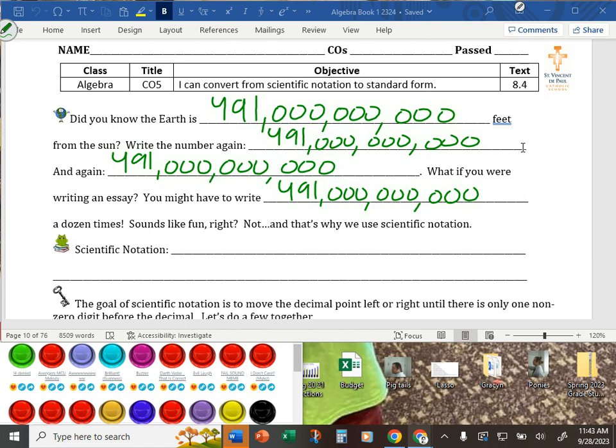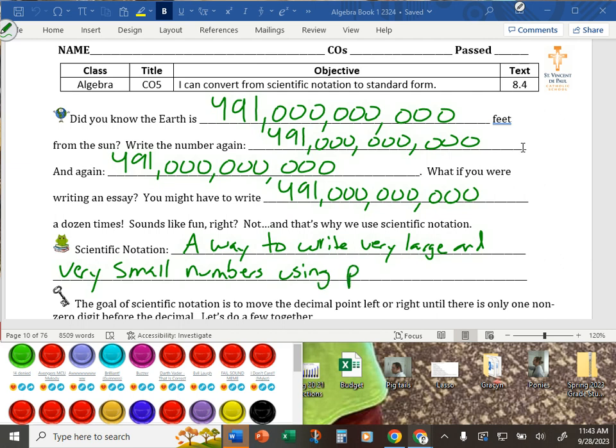Okay, and so we have what's called scientific notation, which is basically a way to write very large and very small numbers using powers of 10.